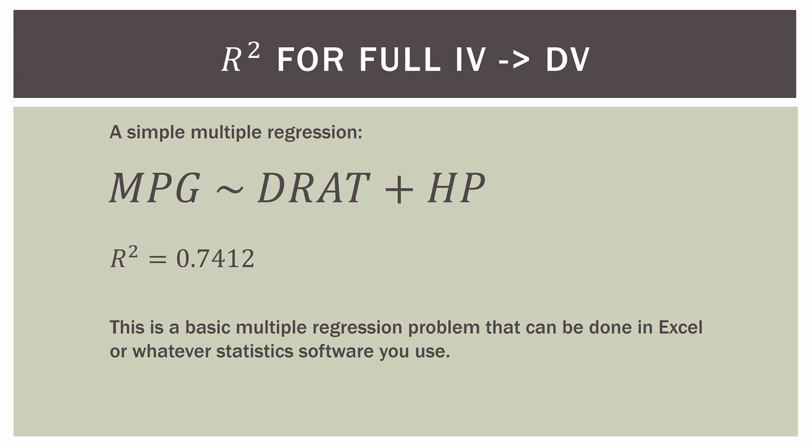Now you will note that 0.7412 is higher than both DRAT alone or horsepower alone. And remember, the maxim for multiple regression was that the R squared will never go down when you add variables. It can stay the same or go up, but it will never go down. So in this case, it went up to 0.7412.